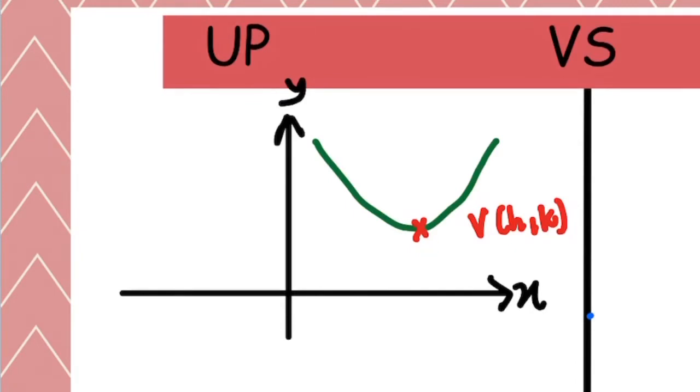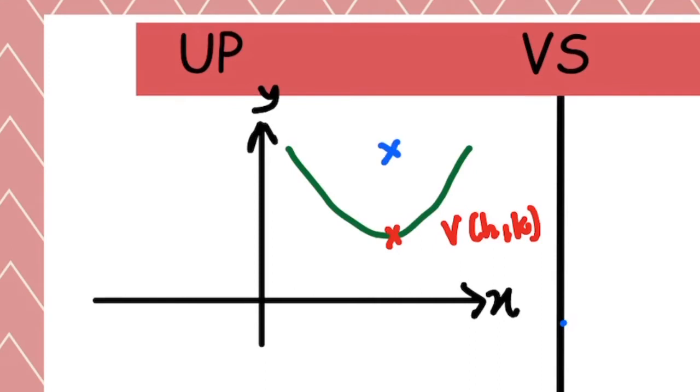In graph of opening up, your vertex is the most minimum point, or we call it the turning point, because your graph goes down, and then it will turn, and your graph will go upward. Okay, so that is your vertex.